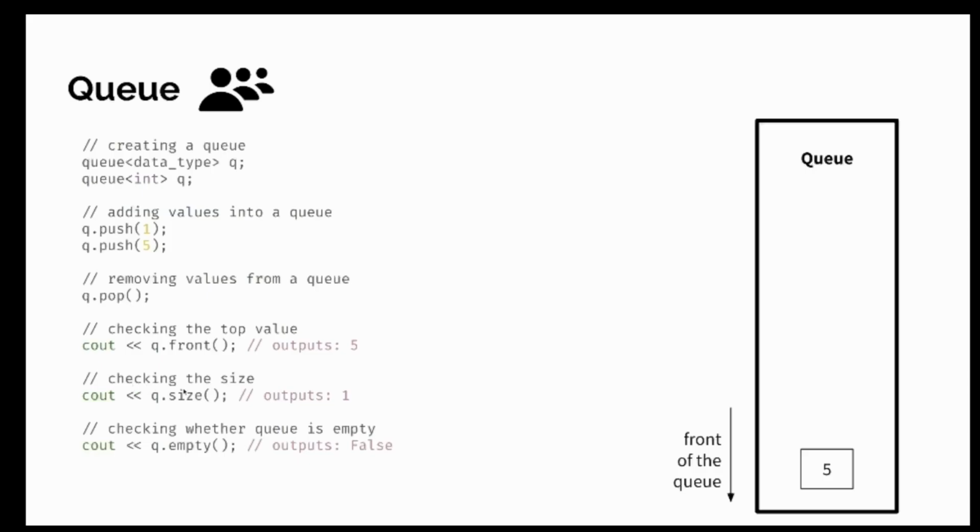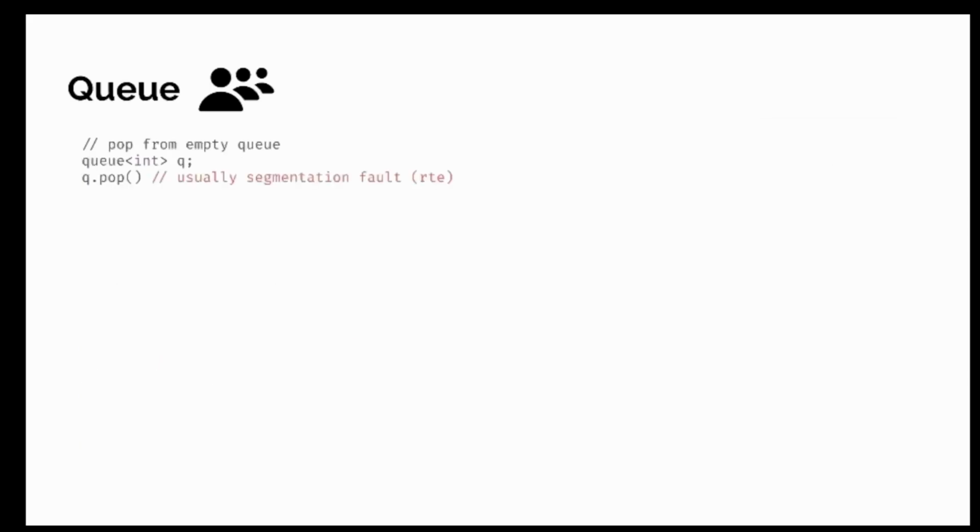Oh yes, you can also check for its size, and you can also check for whether it's empty. If you use .empty on any kind of data structure, it'll return a Boolean value of true if it's empty or false if it's still got elements inside.